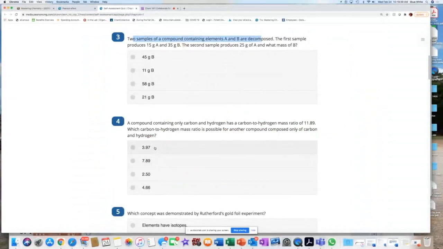Let me write this here. I'm going to take 11.89 divided by 3.97, 11.89 divided by 7.89, 11.89 divided by 2.50, 11.89 divided by 4.66. And then we'll see which one gives us a whole number.